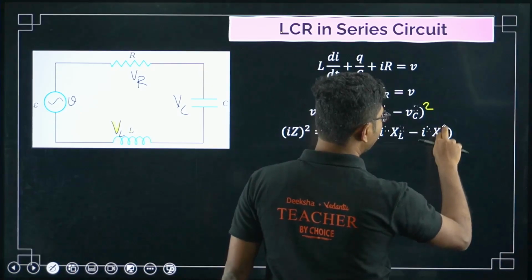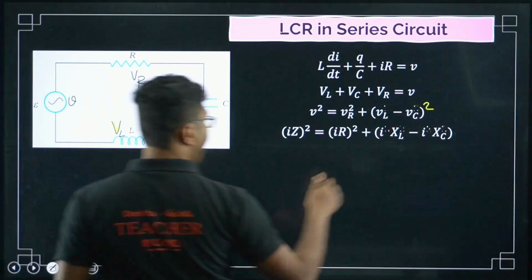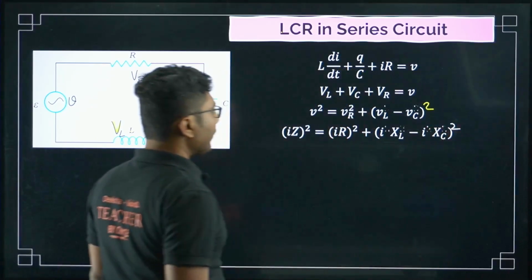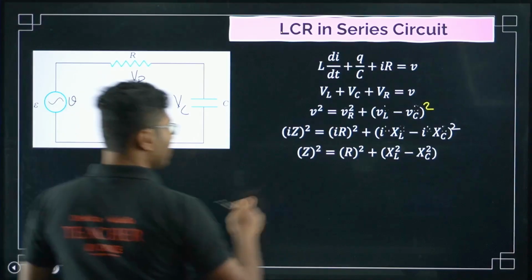From here you can calculate the impedance of the circuit, which will turn out to be R square plus XL minus XC whole square.